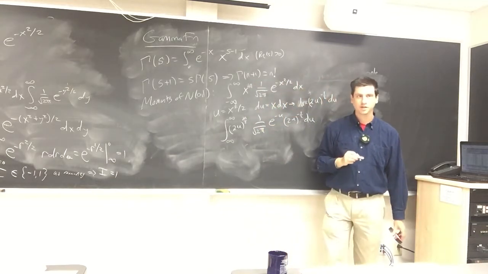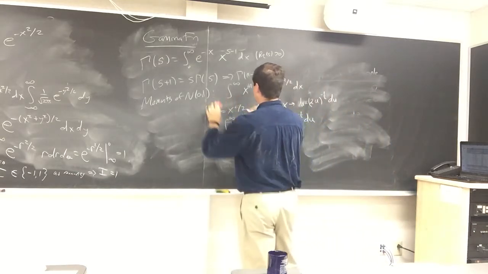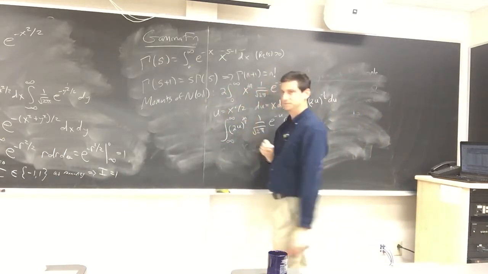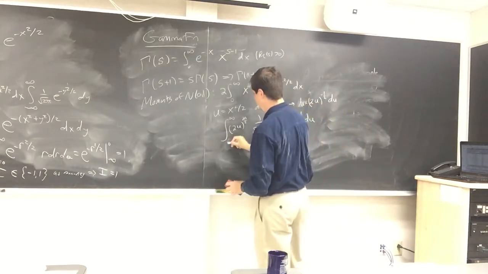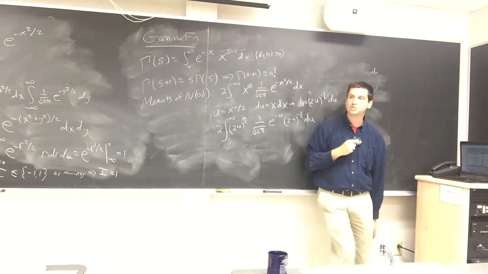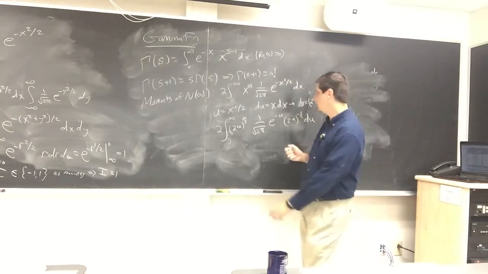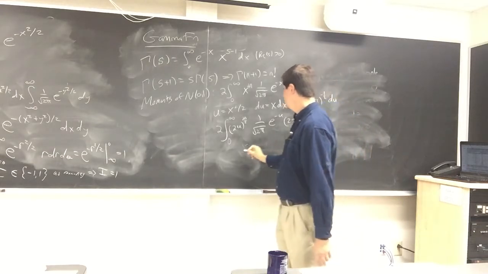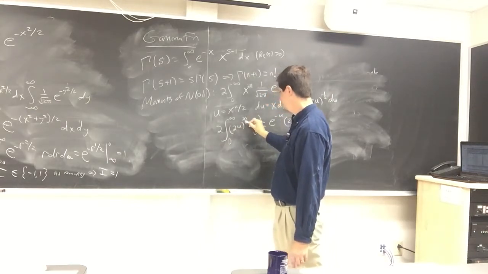Okay? Well, because it's even, I can now go from 0 to infinity and double it. And now if I do that, then everything is okay over here, because now that I'm going from 0 to infinity, no problem. And so now what I get when the dust settles is, now this is a 2 to the n.